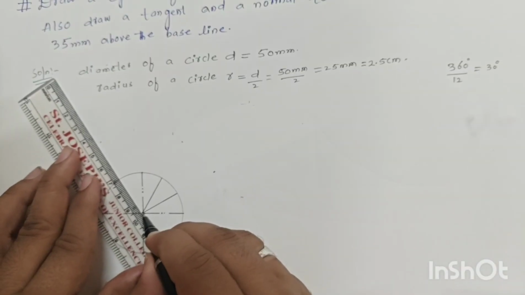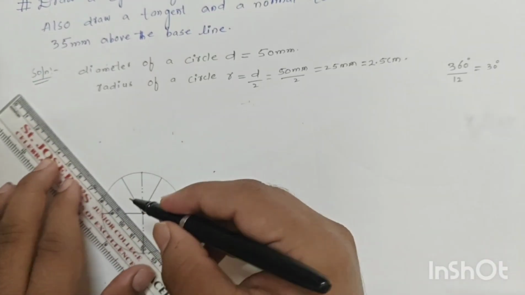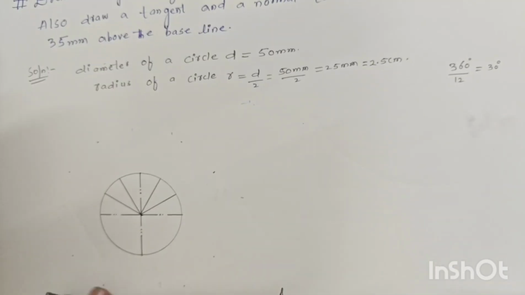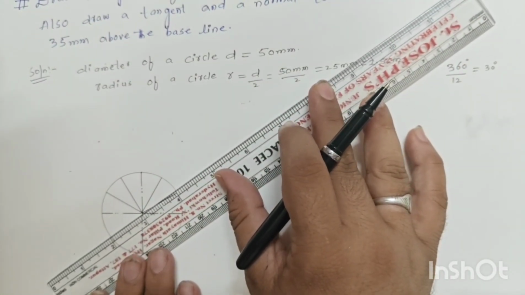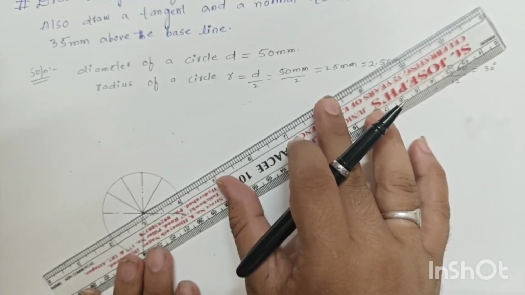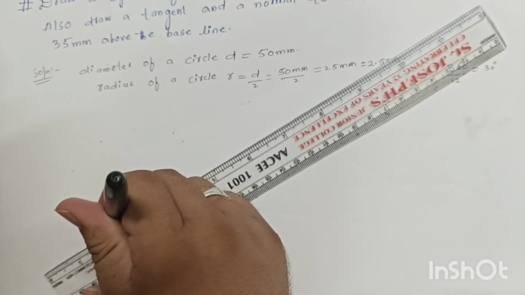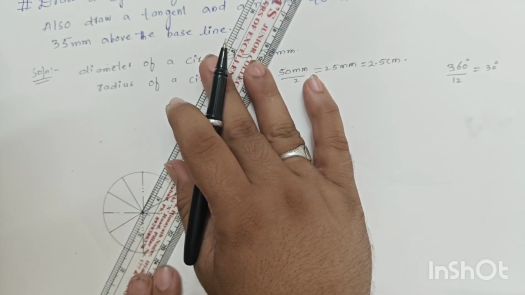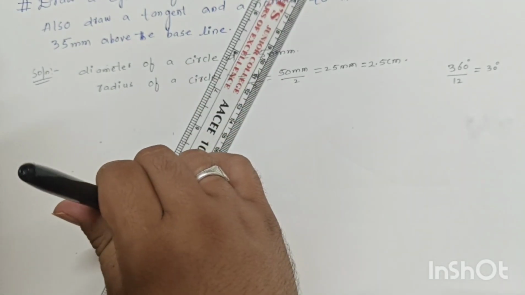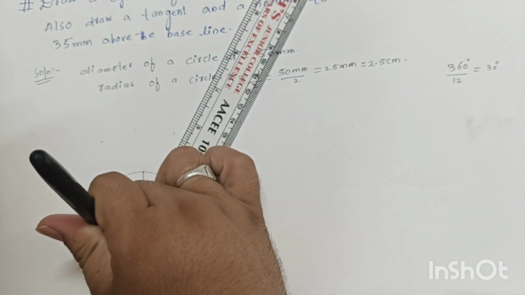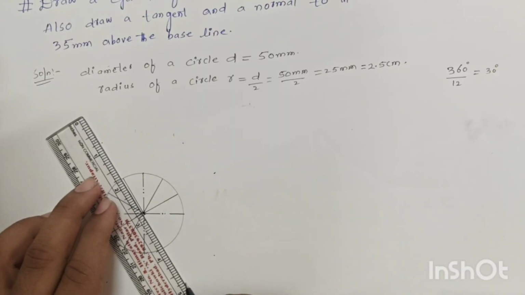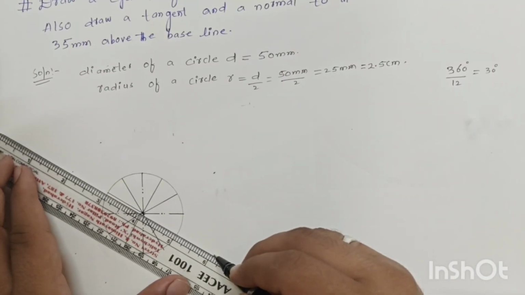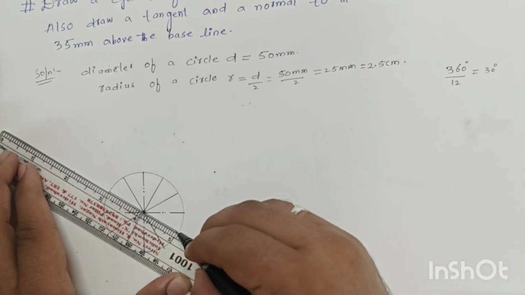This 90 is already there. 120, 150 and 180. 210, 240, okay, 270, okay.